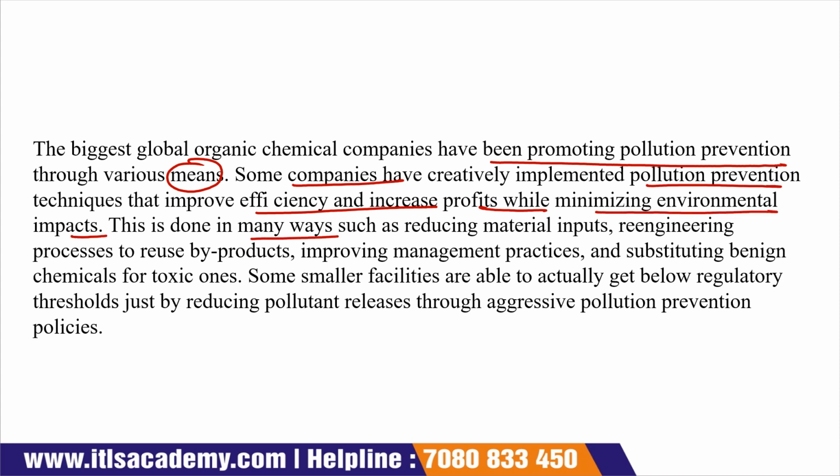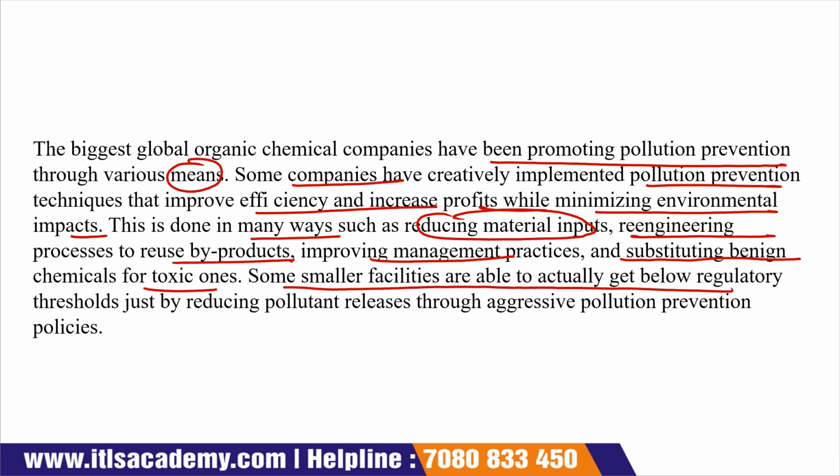This is done in many ways, such as reducing the material input, re-engineering processes to reuse byproducts, improving management practices, and substituting chemicals for toxic ones. Some smaller facilities are able to actually get under the regulatory threshold just by reducing the pollutants which are released through aggressive pollution prevention policies.